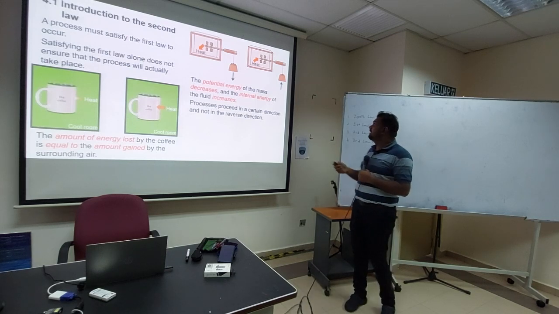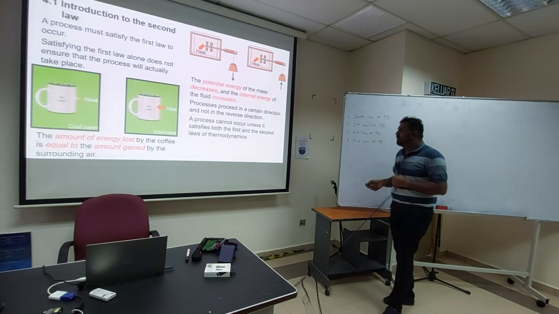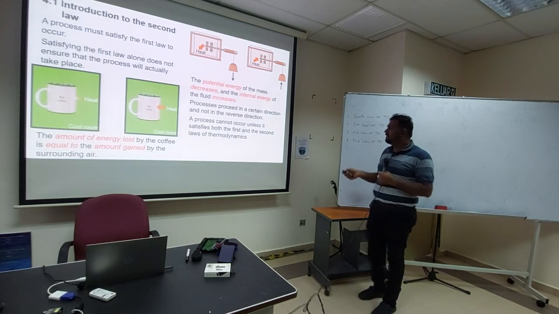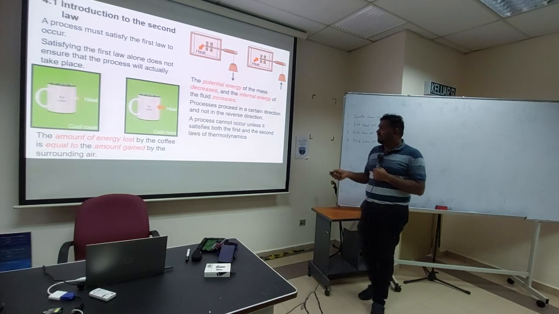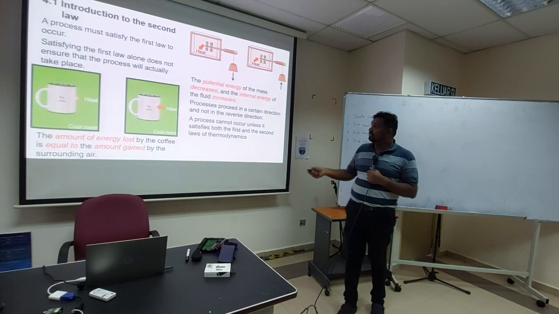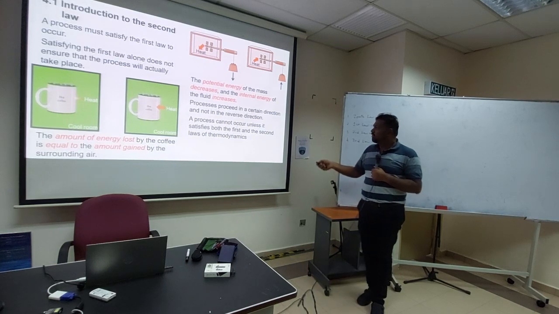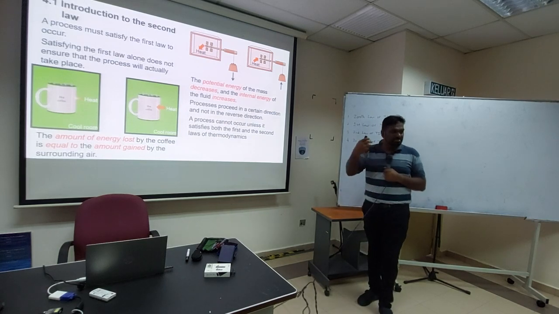So it cannot happen naturally. Okay, a process cannot occur unless it satisfies both the first and the second law of thermodynamics. As we know, the first law must be satisfied, but it's not sufficient, so it needs to be together with the second law for a process to complete.